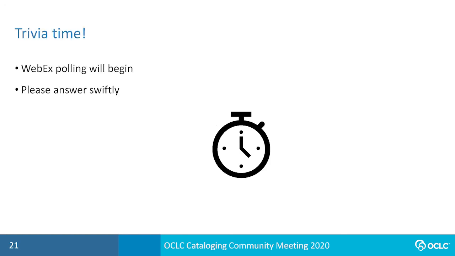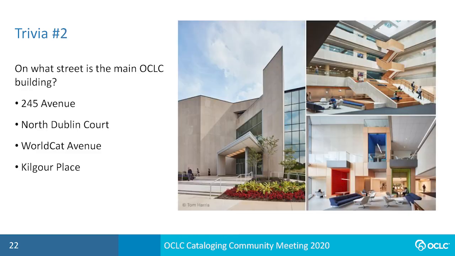With that, we'd like to do our second trivia question for the WebEx poll, and Eric will bring that up. In the meantime, the question is, on what street is the main OCLC building? And just a little information to know where the questions came from: we got together and asked some random questions, and then when I put them together, I made up some great answers. So we'll see how everyone does.